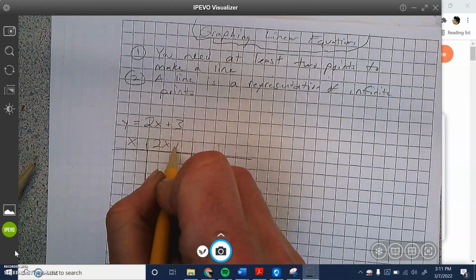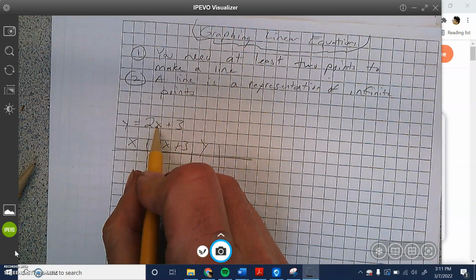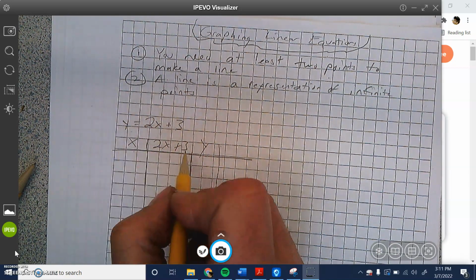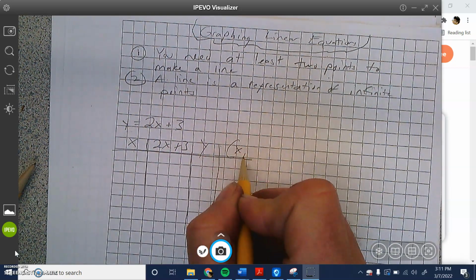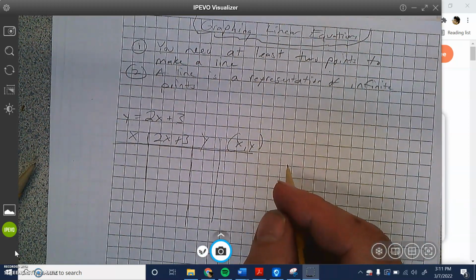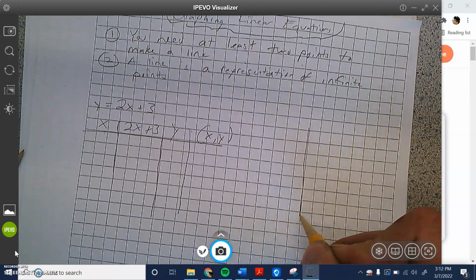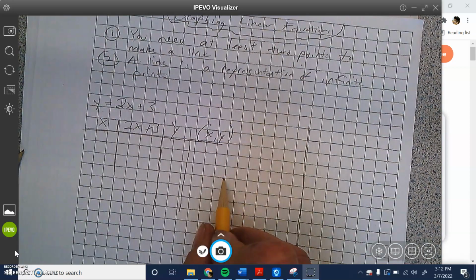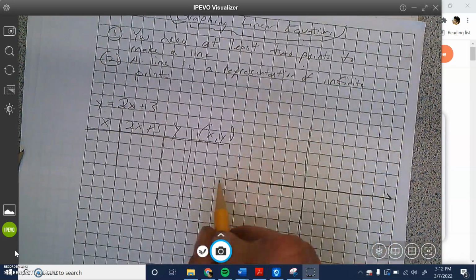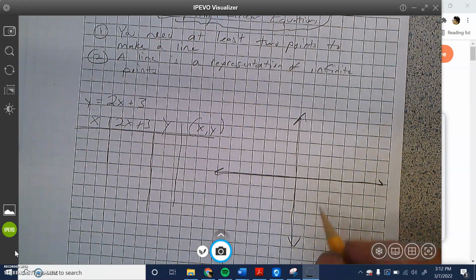I'll plug 2x plus 3 in there, and then I'm going to get a y. When we're putting it for x, I'm going to solve this, and that's y. Then I have a point, an x and then a y. After that, I'm going to graph it, so do an xy coordinate plane like this.